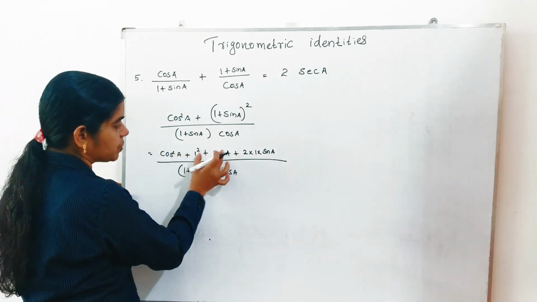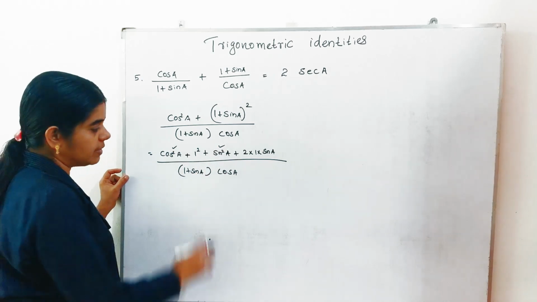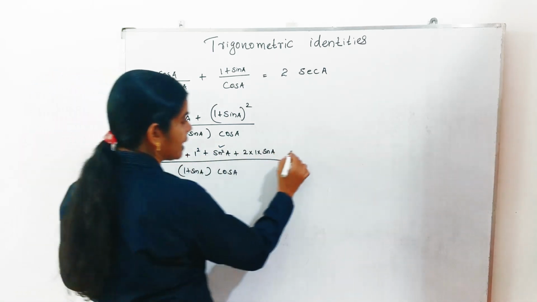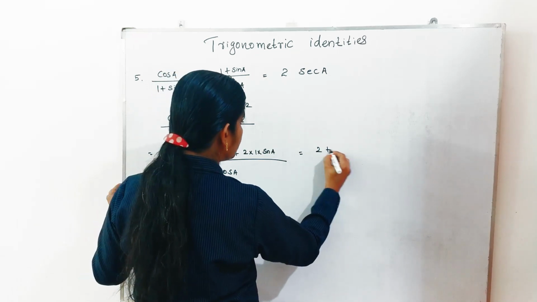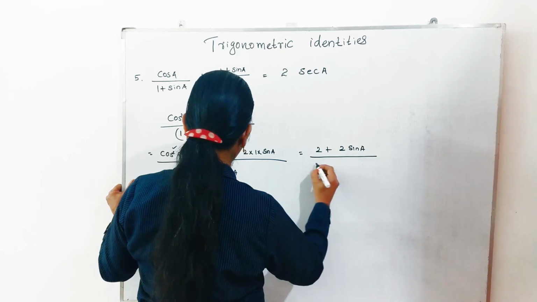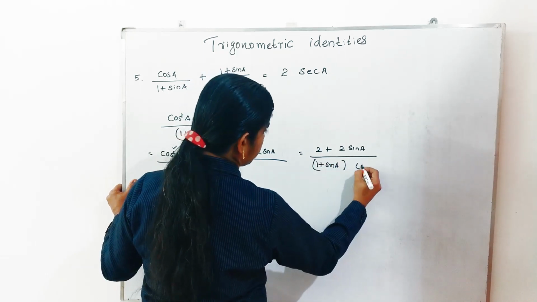These two you can write together, and 1 square is also 1. Then 1 plus 1 you will get 2, that is equal to 2 plus 2 sin A divided by 1 plus sin A into cos A.